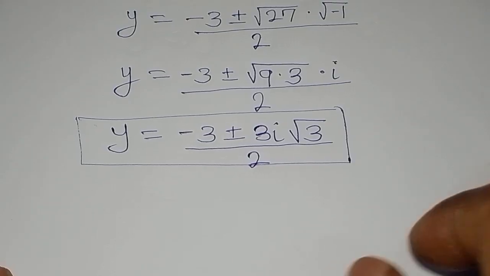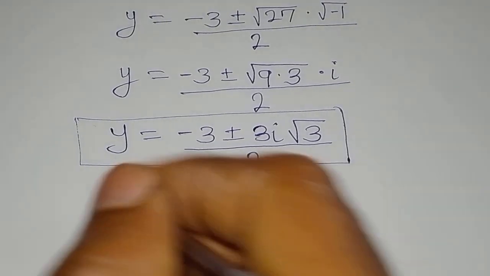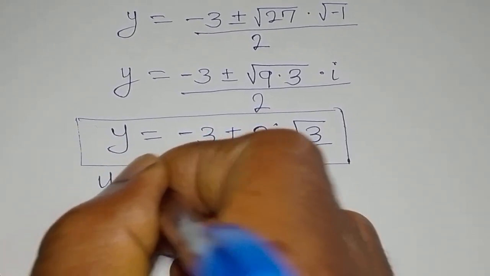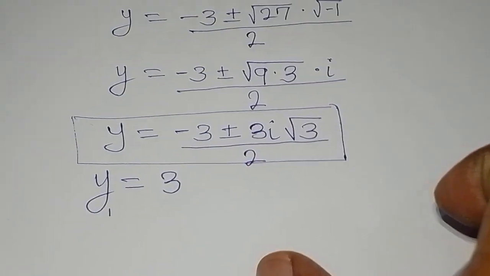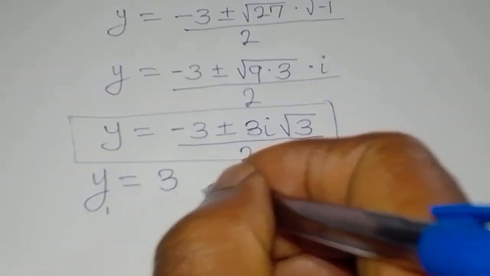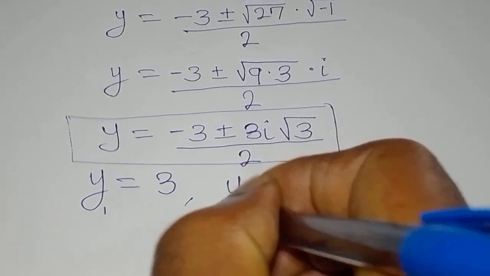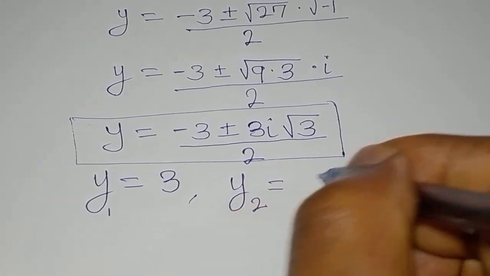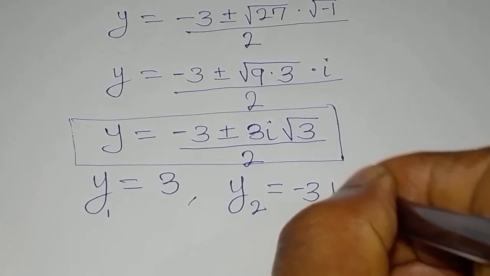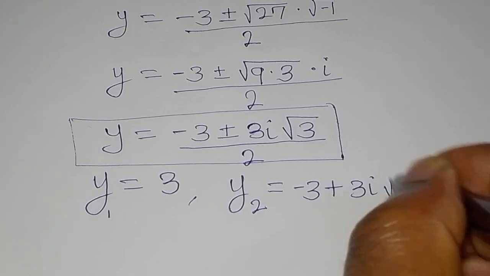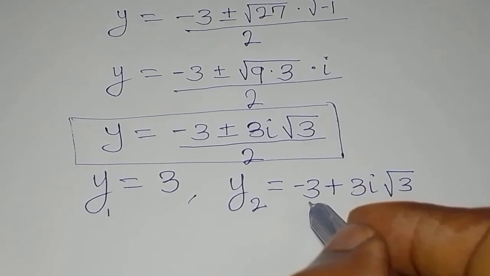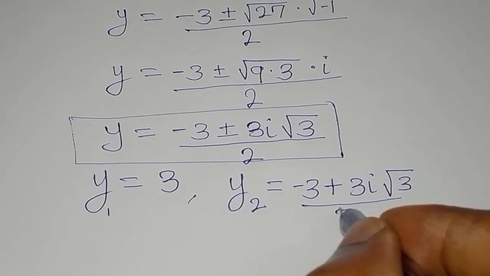Now let's get the 3 solutions together. Before now, we got y to be equal to 3. Let's call that our y1. Then from here, we get our y2, which is minus 3. I'll pick only the plus. Then I have 3i square root of 3, then we divide this by 2.